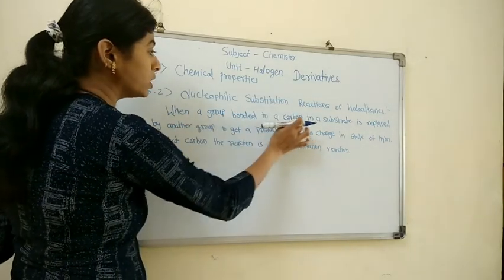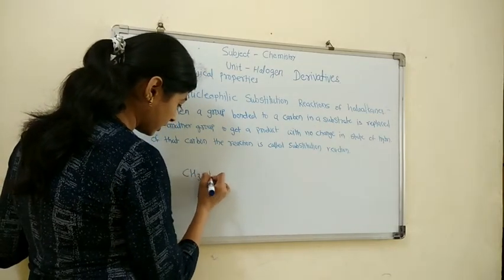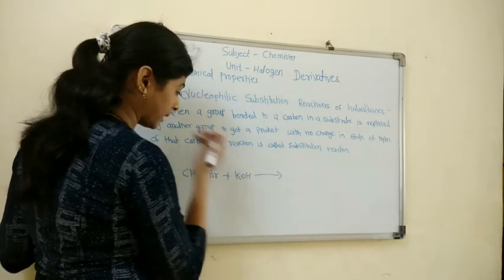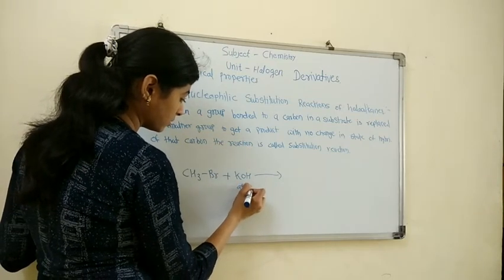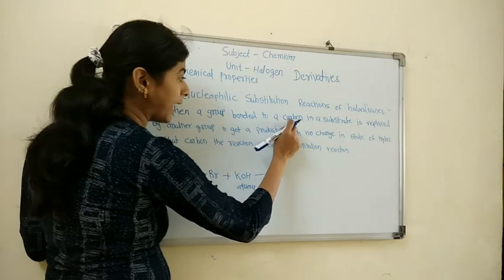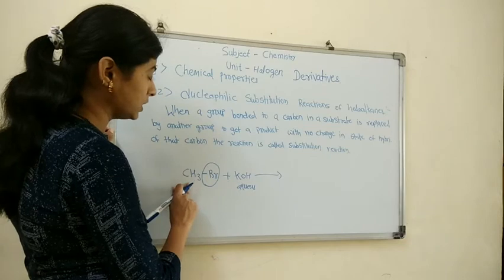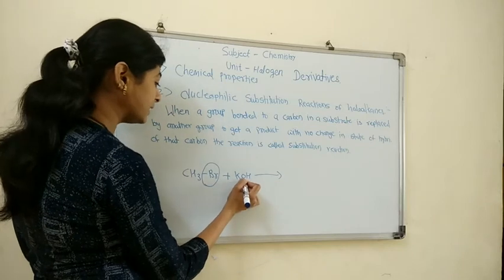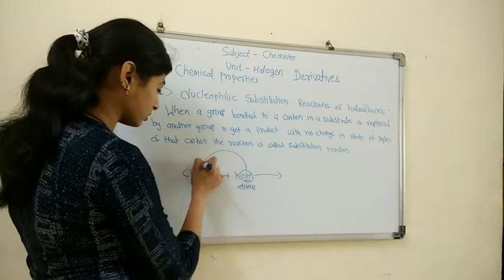When a group bonded to a carbon atom in a substrate, for example CH3Br, here Br is bonded to CH3, is replaced by another group to get a product.